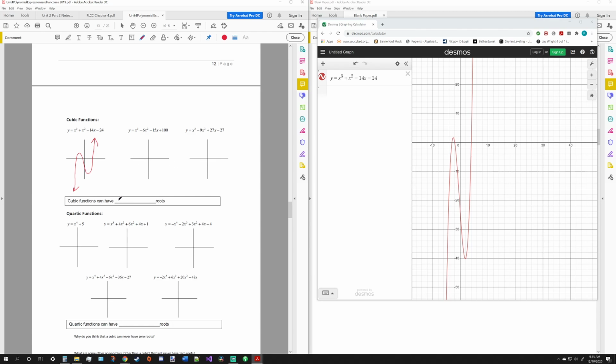Cubic functions can have at most 3 roots. Quartic functions can have at most... hopefully you guys have picked up the pattern here. Quartic functions can have at most 4 roots.